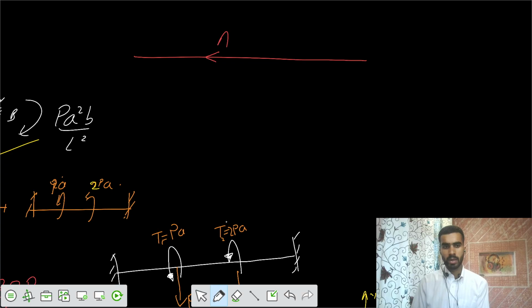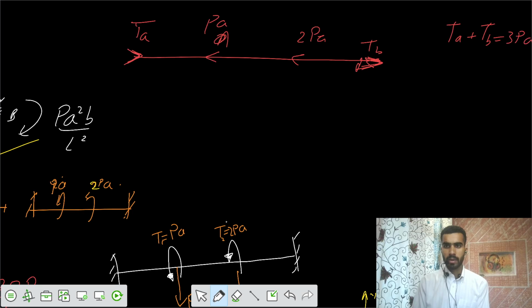I would say this is some moment of PA, and this is some torque of 2PA, and there would be some balancing torques. Let's say this is some TA and this is some TB. I would write TA plus TB equals 3PA.